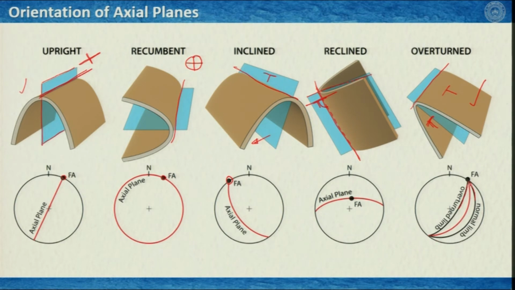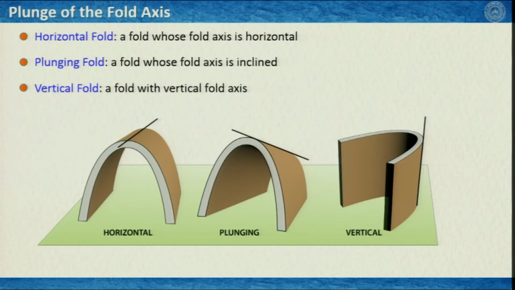The axial plane should pass through these two, the normal and overturned limbs. Or all these things you have to see in profile sections, otherwise there could be some little error in plotting your data. Now, we will see how to classify the folds based on the plunge of the fold axis.